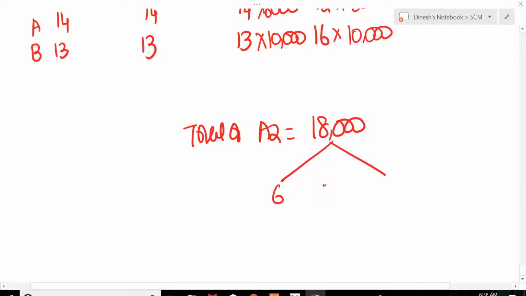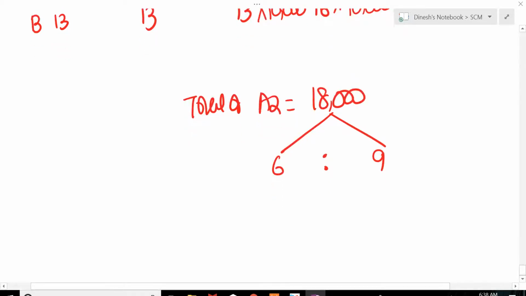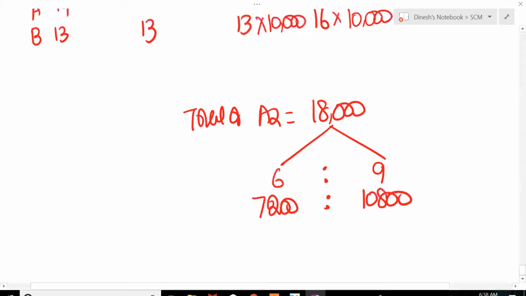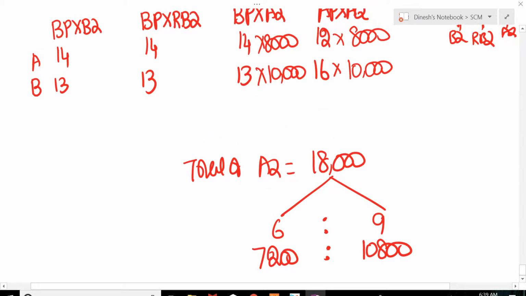It has to be split in the ratio of budgeted mix, which is 6:9. So the RBQ is 7,200 and 10,800.